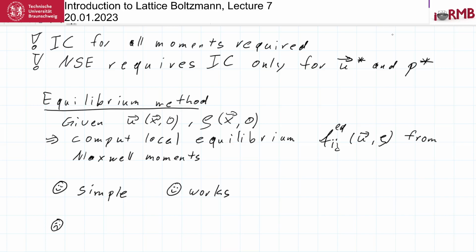Now I'm only saying one bad thing: the second moments are wrong. They are wrong if the initial condition has a gradient.